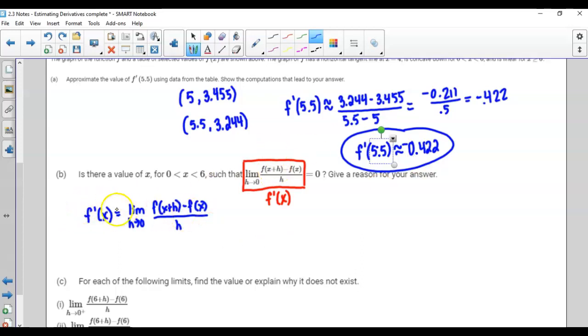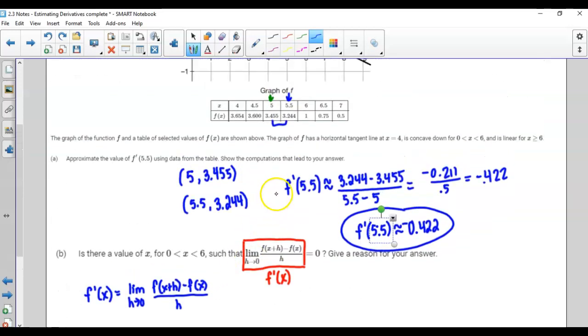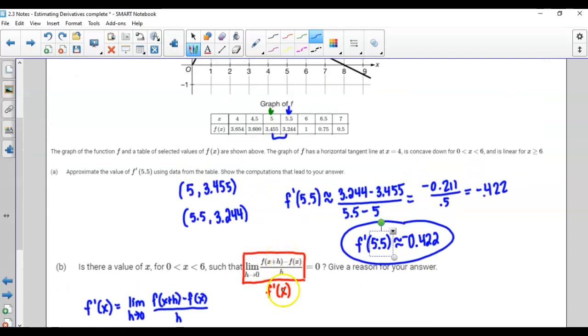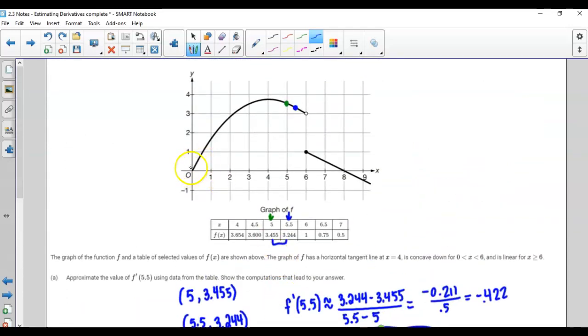You could also say that the limit as h approaches 0 of f of x plus h minus f of x over h is the derivative of f. You could write it out in words if you would rather. And so we want to know if the derivative is ever 0 between 0 and 6.